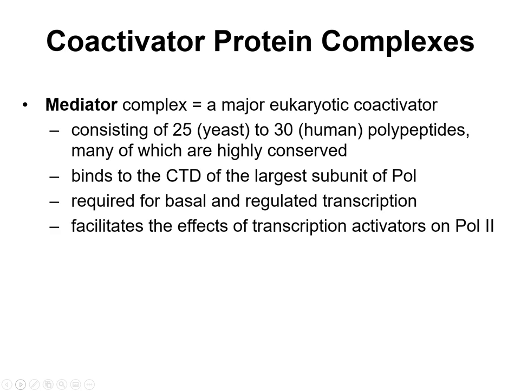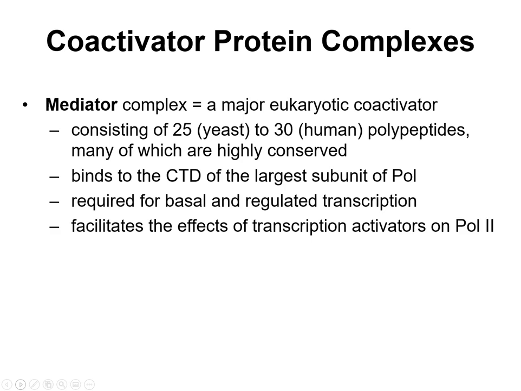Then we've got co-activator protein complexes. Now, I showed mediator, which is a complex, and it's a major eukaryotic co-activator. It's in yeast. It's in humans. 25, 30 different proteins. Lots of them are very highly conserved. Makes sense. It binds to the C-terminal domain of the largest subunit of POL2.